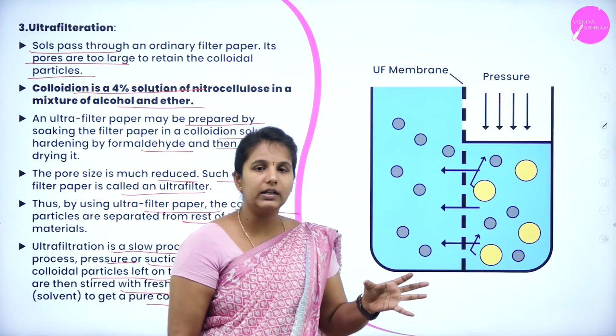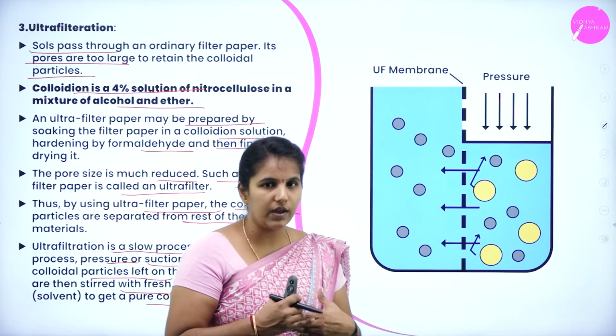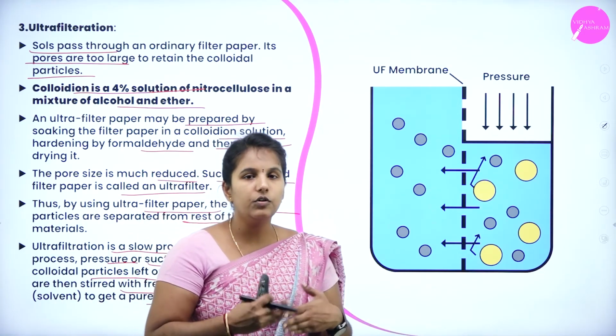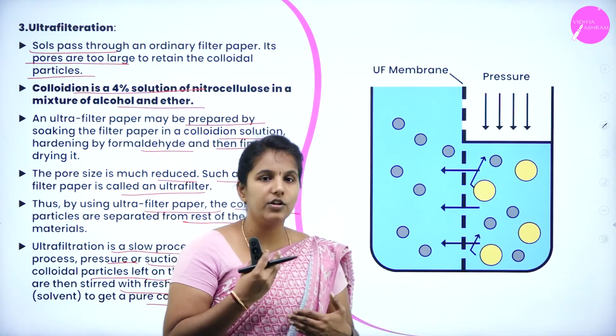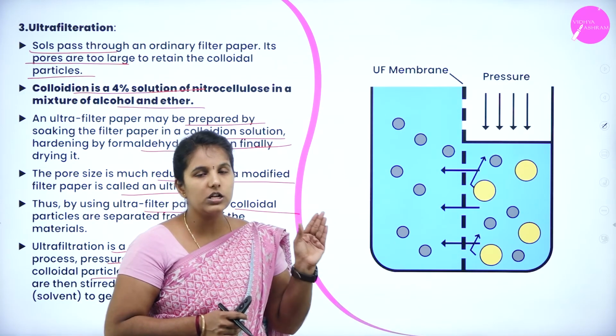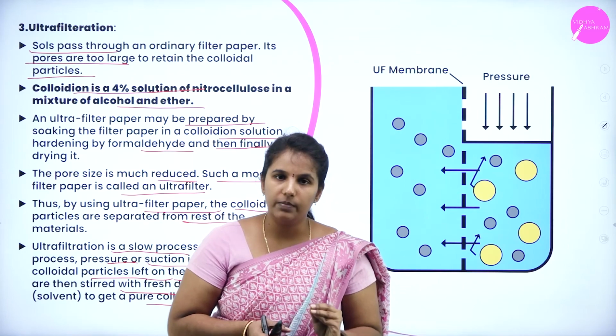Even the colloidal particles cannot move through it easily, and it requires a longer time. That is why we can apply some pressure, or we can use suction, to increase the rate of filtration.